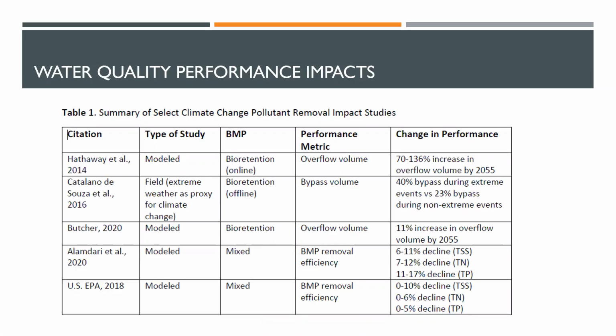So, the reason for these changes isn't super well understood at this point. It's understood to be a combination of bypass, higher influent concentrations, and changes in antecedent moisture conditions in the BMPs, but we're still trying to understand why this loss is happening in these cases.